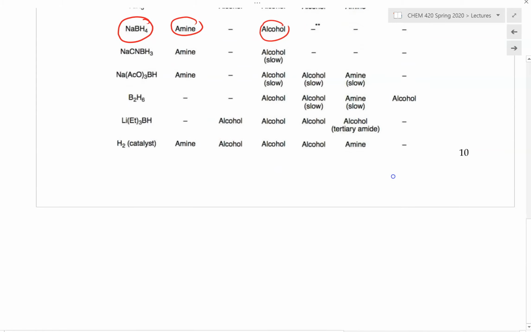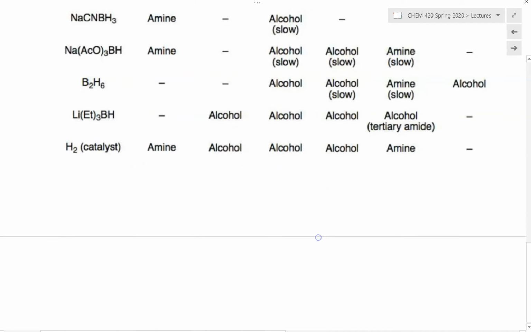This is something we will find to be similar in all of these reducing agents. Many of them consist of an atom, a lot of the time a metal, which is bonded to a hydrogen.